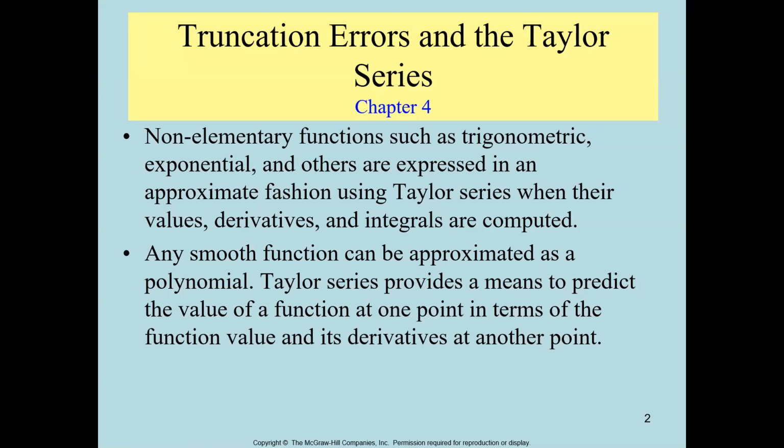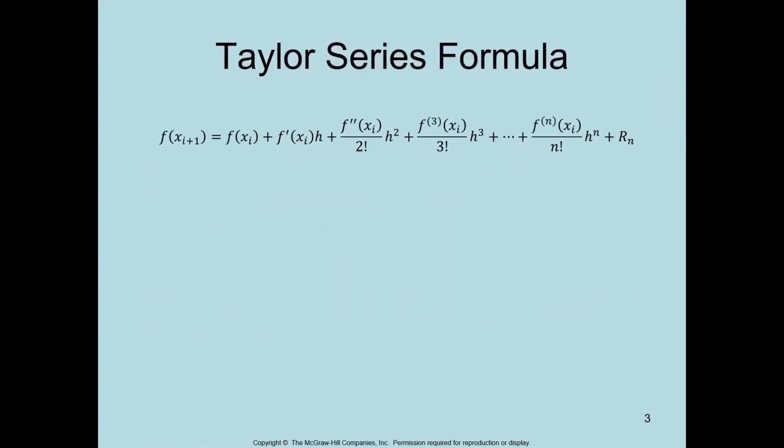Let's see in the form of symbols how the Taylor series looks. Of course there is a more general form of the Taylor series, but a rather simplified form looks like this.